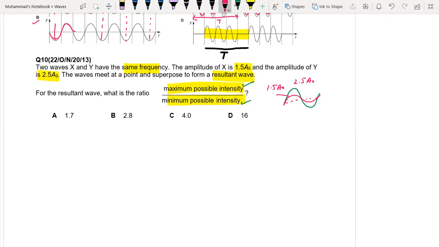If they interfere constructively, the resultant amplitude will be the sum of the individual displacements. So the amplitude of the resultant wave in this case will be 4 a naught, in case of constructive interference. In case of destructive interference, they will have a 180-degree phase difference, and they will meet in this way.